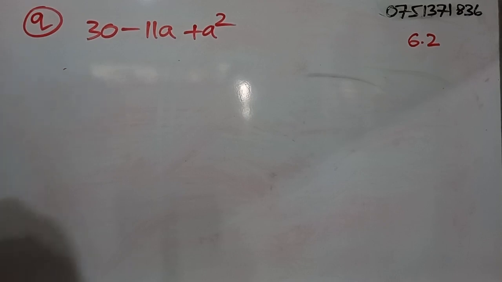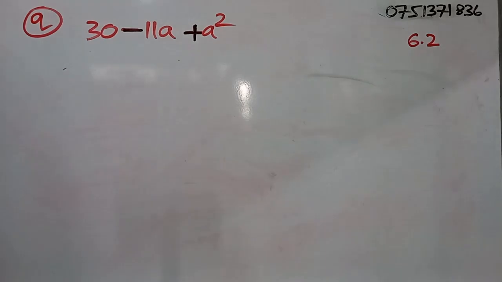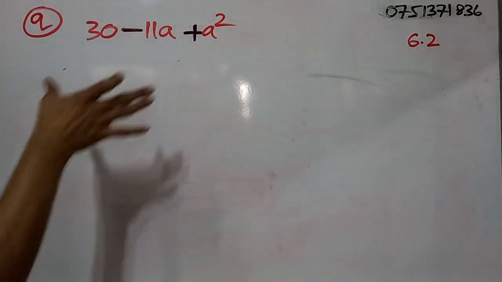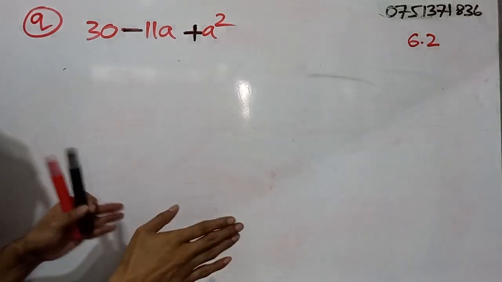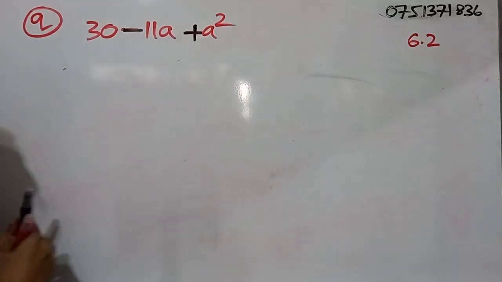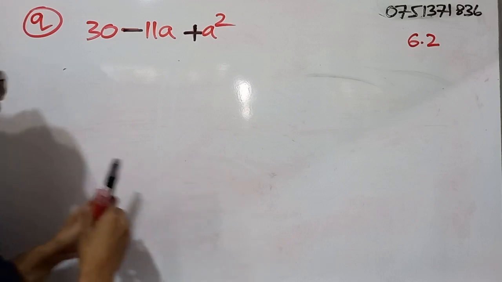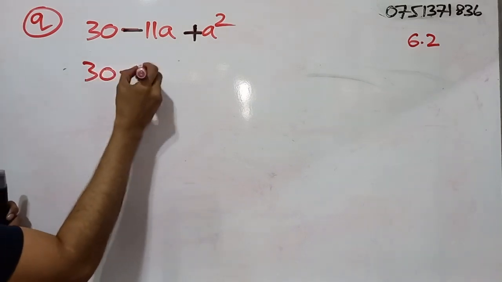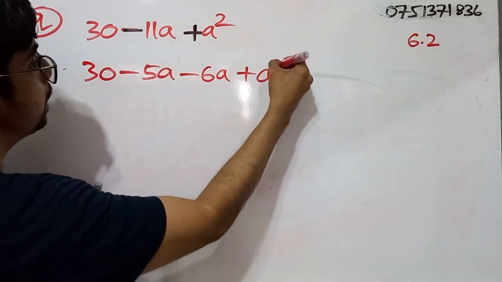Okay. Now here, this is plus, this is minus. So when we multiply these two, what do we get? 30a squared. So the two factors should be what? Negative. Right? Okay. So what are the two factors? 5a and 6a. 30 minus 5a minus 6a plus a square. Right?